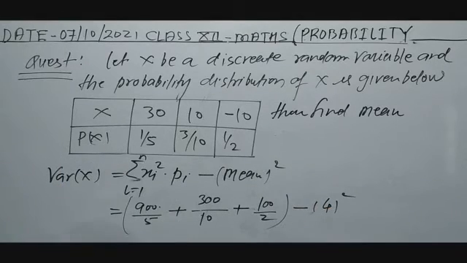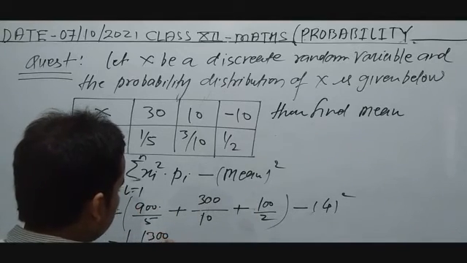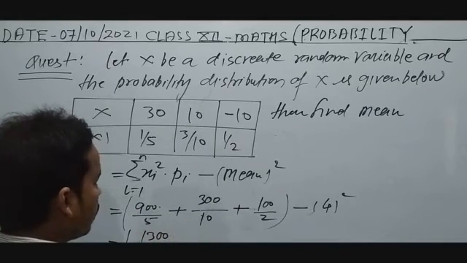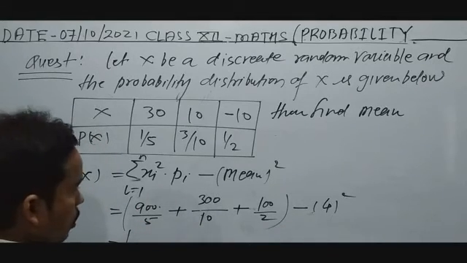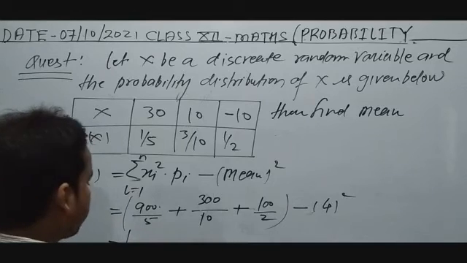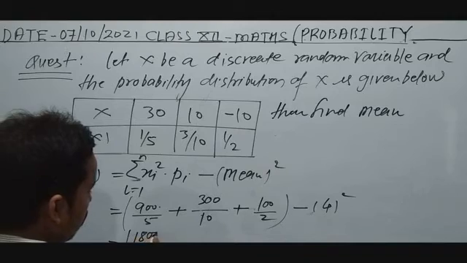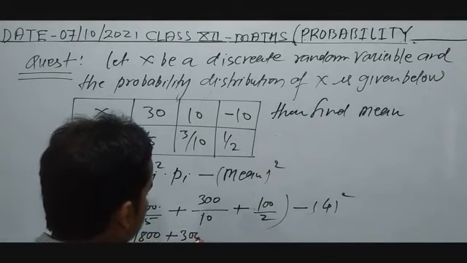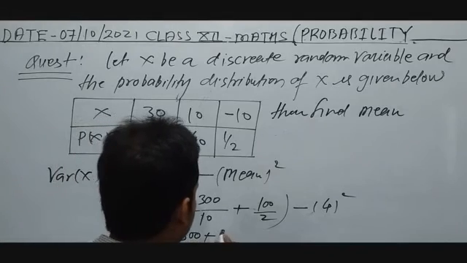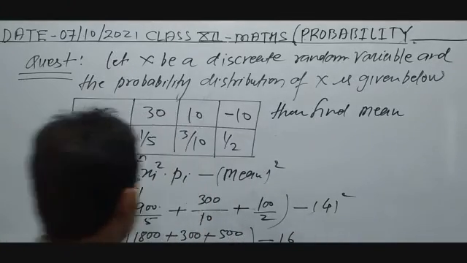Now what will be the result? First of all you have to take the LCM, so the LCM will be 10. Now this will be 1800 plus 300 plus 500 minus 16.